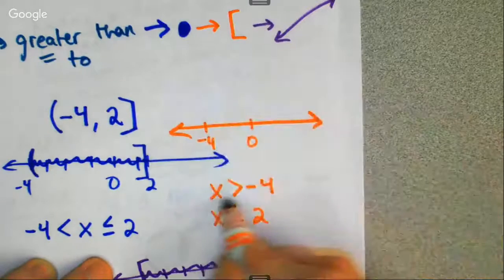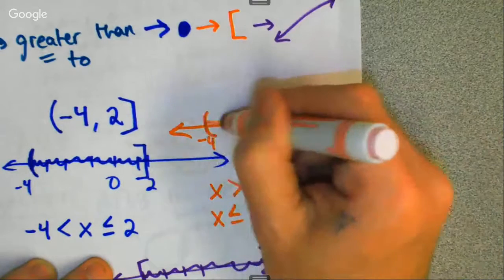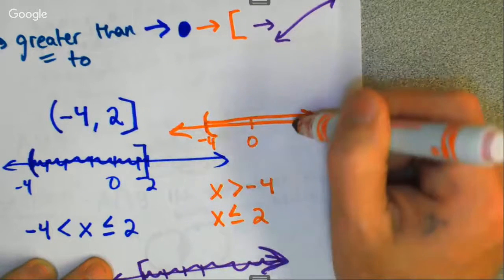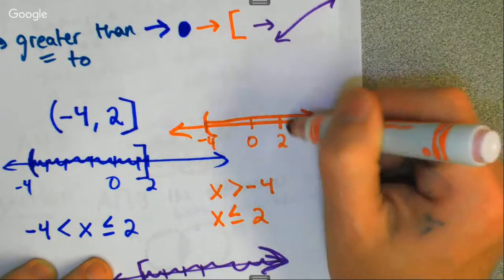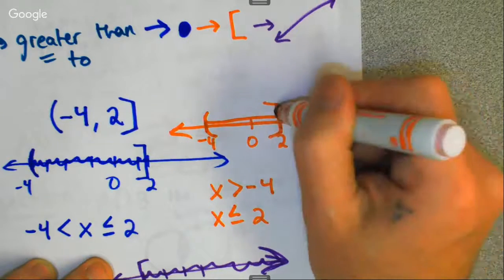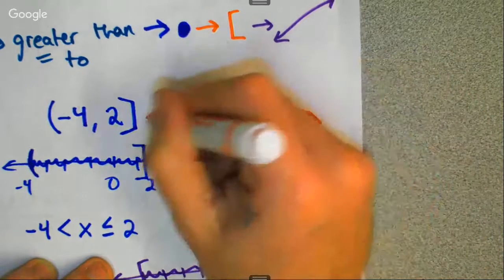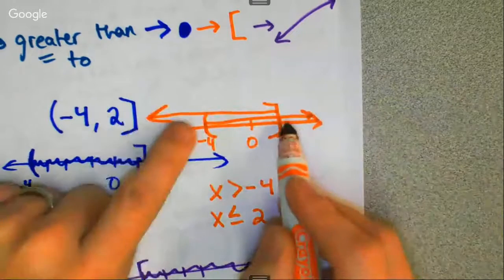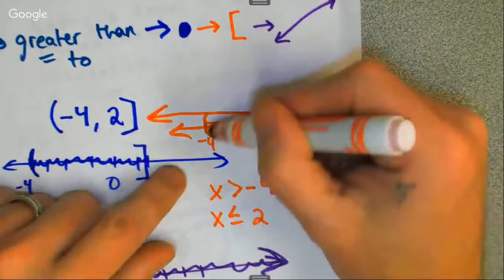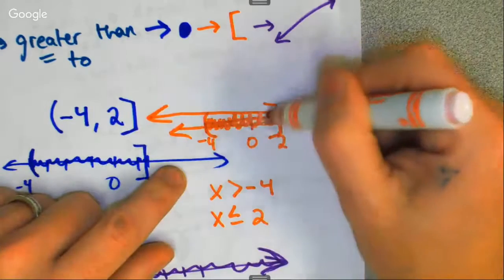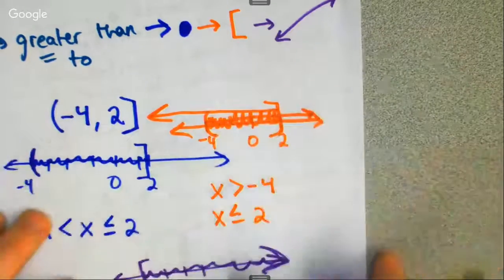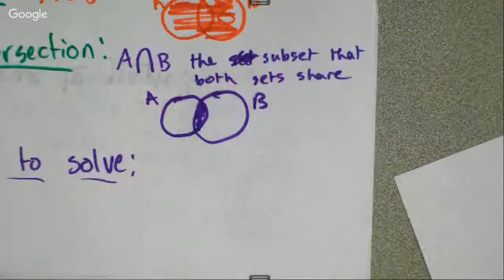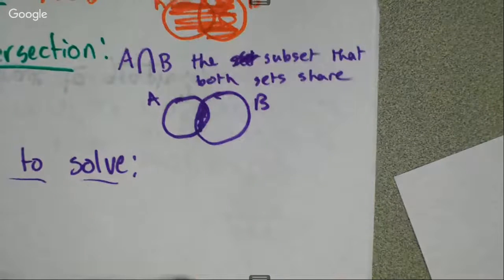We want x greater than -4, and here's 2, but we want x less than 2. So do you see how they keep going on forever? We actually want the intersection, which is where they both overlap. So just like on here, we wanted the intersection where both of my circles overlap.